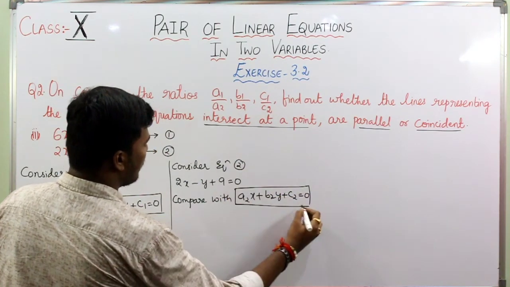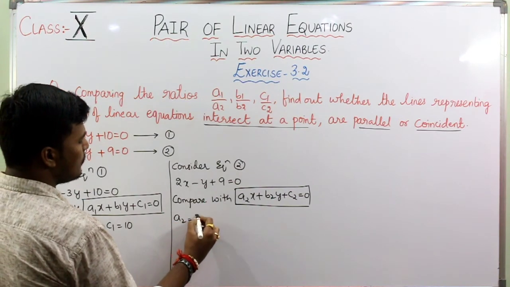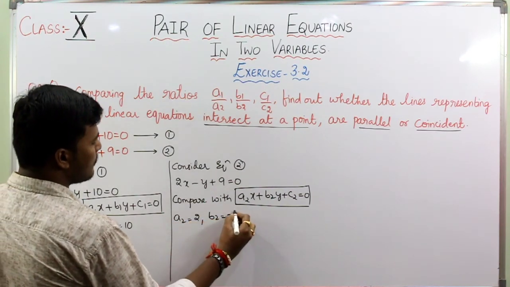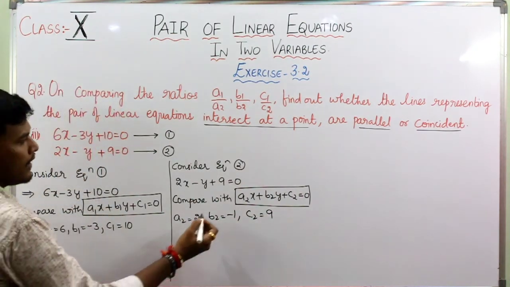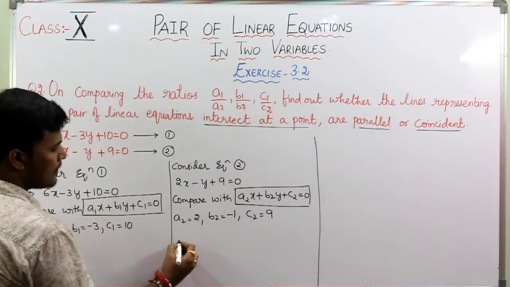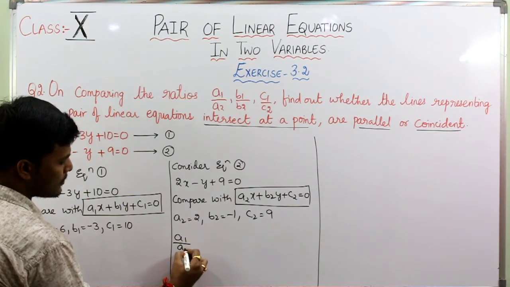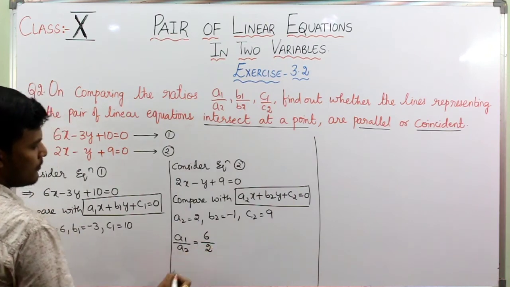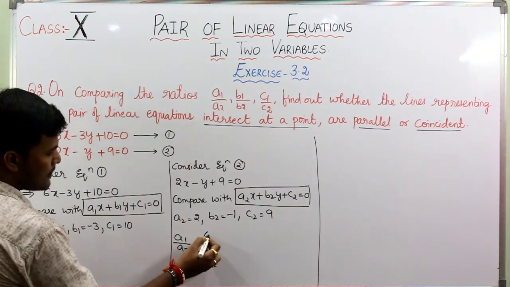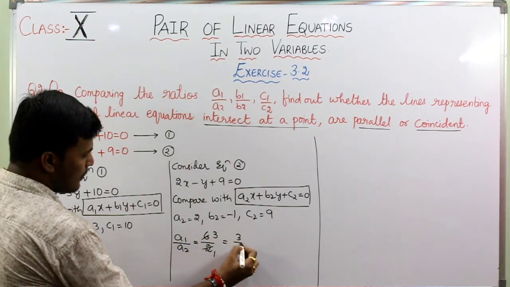When you compare, a2 is equal to 2, b2 is equal to minus 1 and c2 is equal to 9. Next, we have to find the condition, that is the a1 by a2 ratio. What is a1 here? 6 by 2, which is equal to 3 by 1.